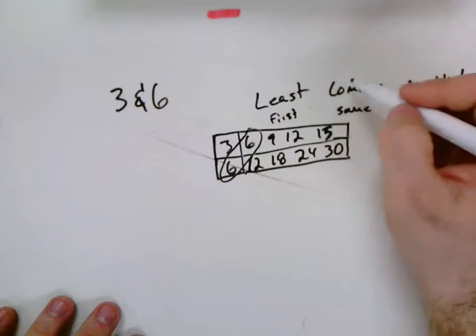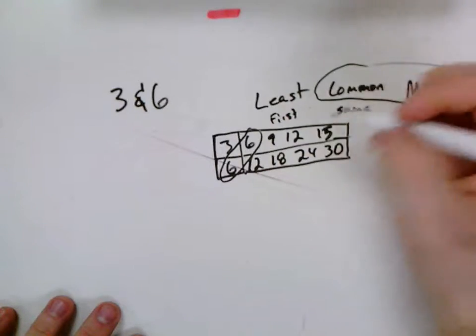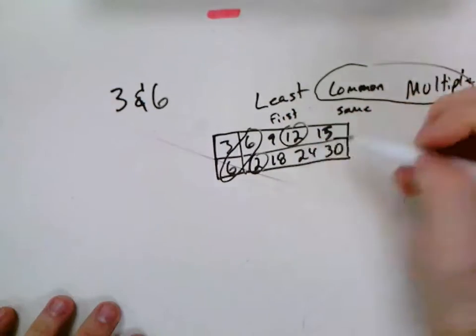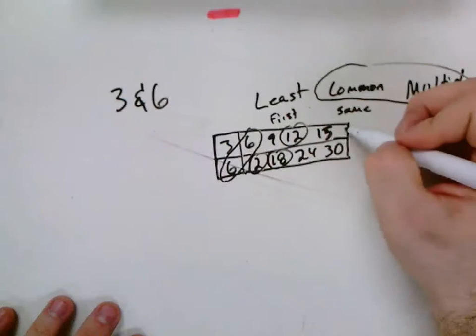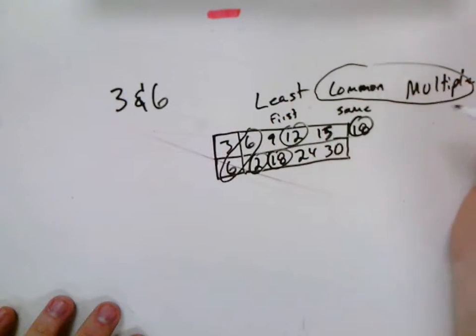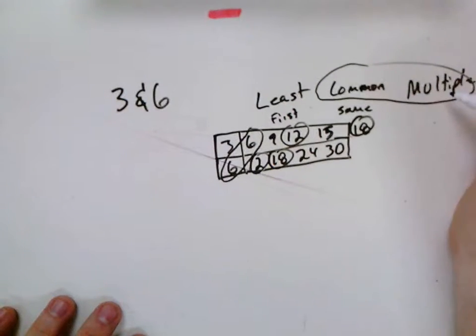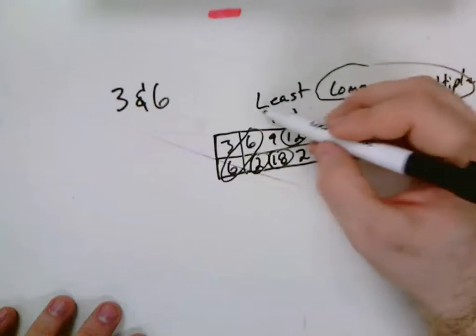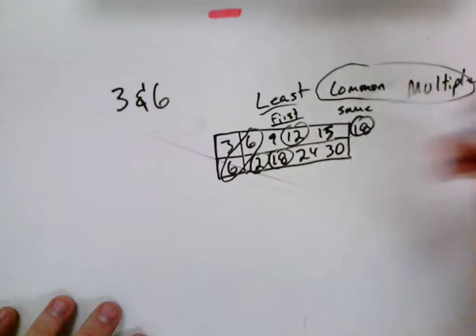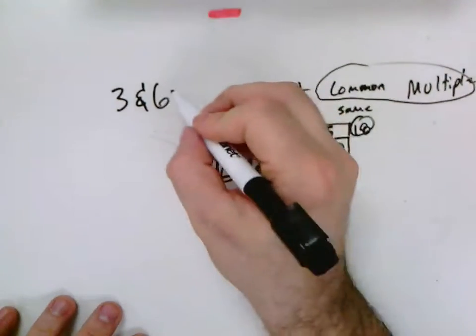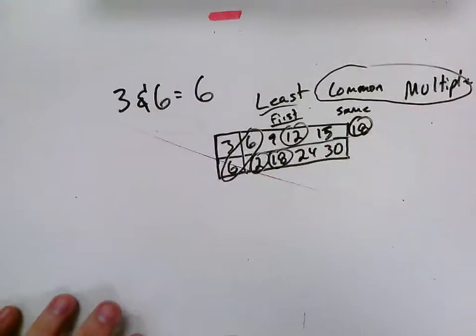There are other common multiples, 12 for example, and 18 if I continued this one more. But those are just common multiples. The least, there is only one least, there is only one first. And the least common multiple for this one would be 6. So your answer for number 1 on the page will be 6.